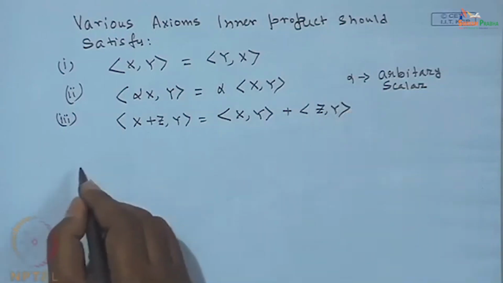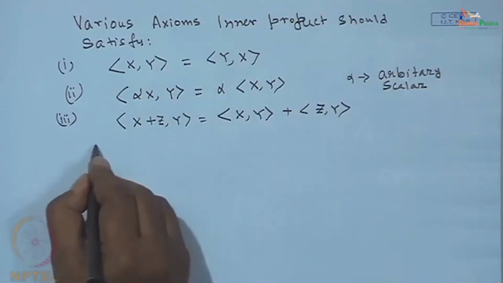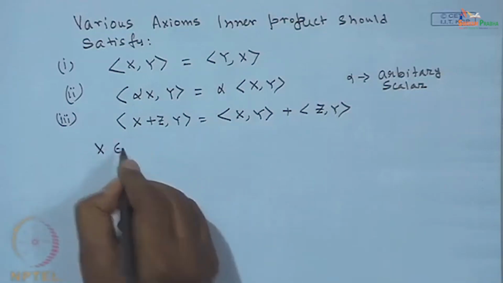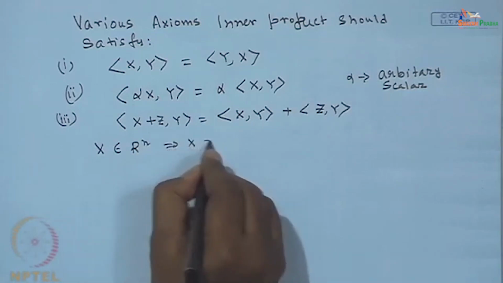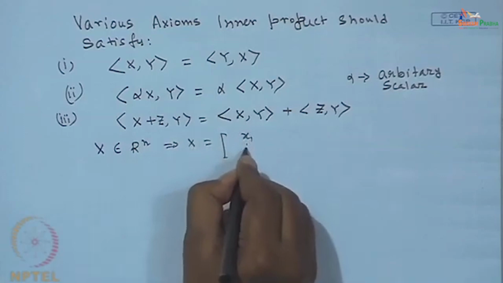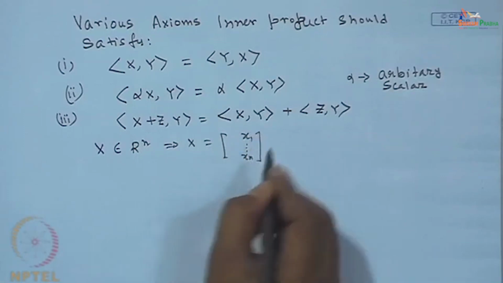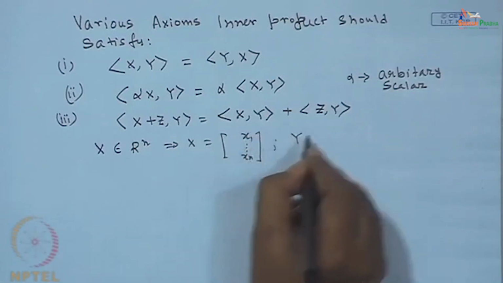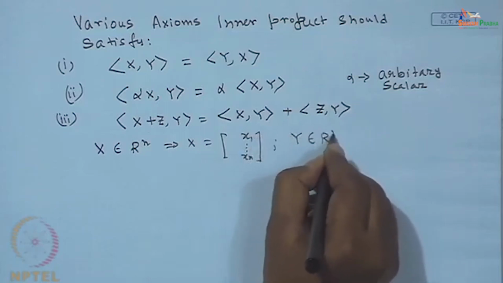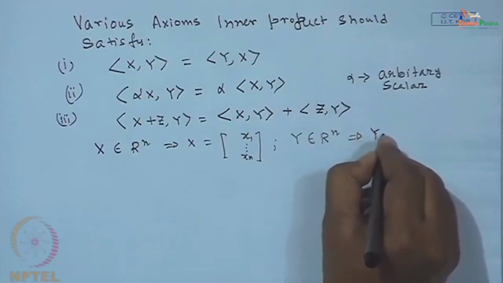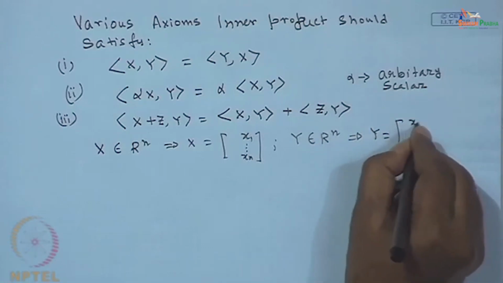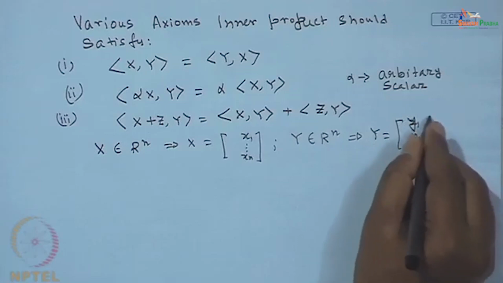Now, let us look into how to compute the inner product between two vectors x and y. x belongs to n-dimensional space constituted of the elements x 1 up to x n. Similarly, y is another vector belonging to n-dimensional real space, constituted by the elements y 1, y 2 up to y n.